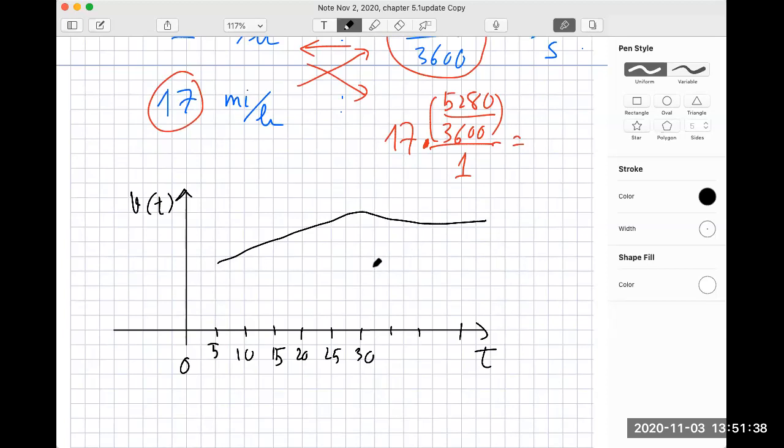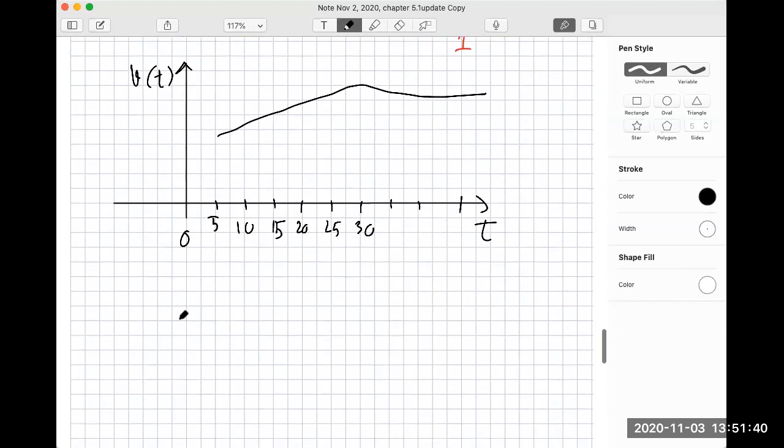So we want to compute the distance. According to the formulas, there are two methods, the left approximation and the right approximation, right?